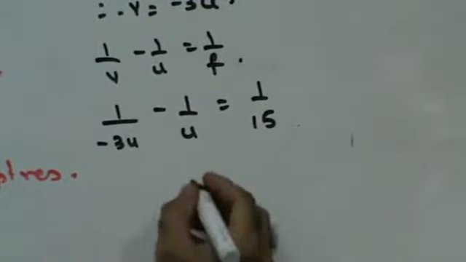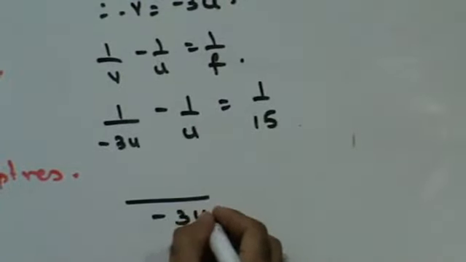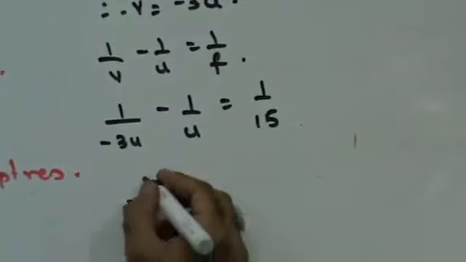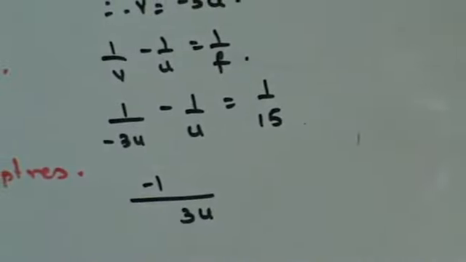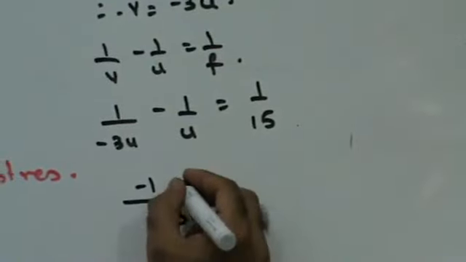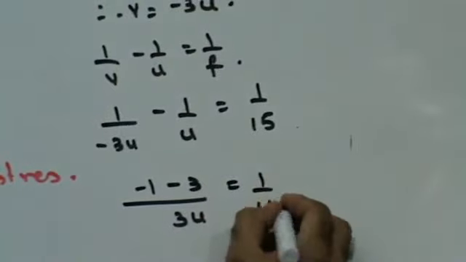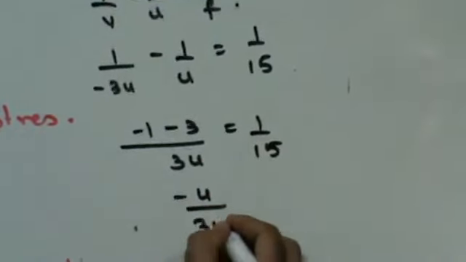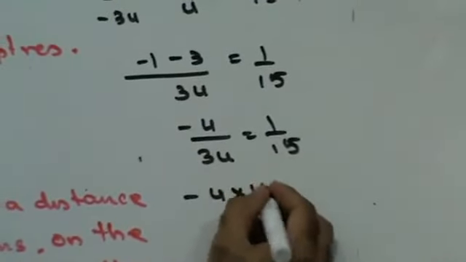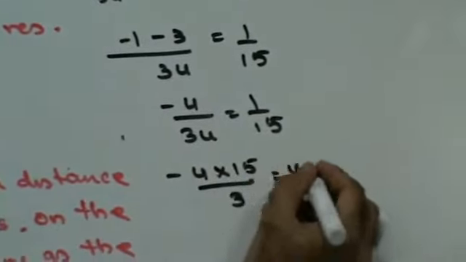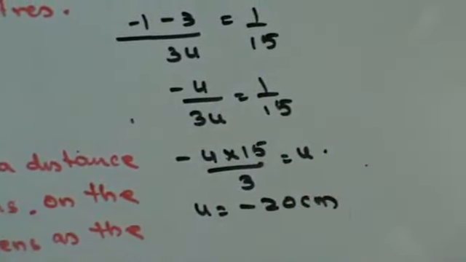Now I could take -3U as a common denominator, or I could just take 3U as a common denominator. So this is going to be -1 minus 3, which gives -4 upon 3U is 1 upon 15. So -4 into 15 upon 3 is U. So U is -20 centimeters.